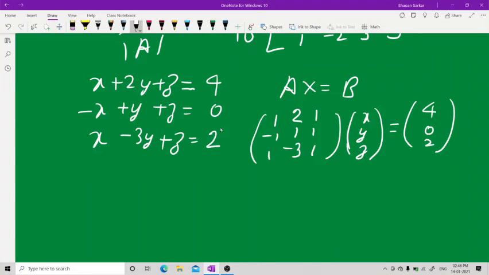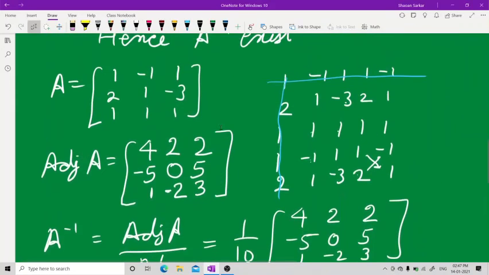Now, in order to get x, multiply by A inverse both sides. But the thing is this, if you see this A matrix, this is nothing but the transpose of the above matrix.